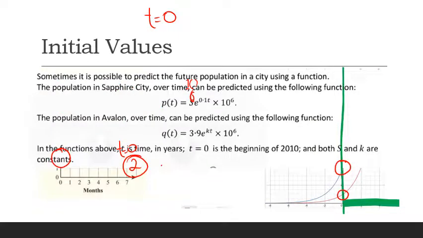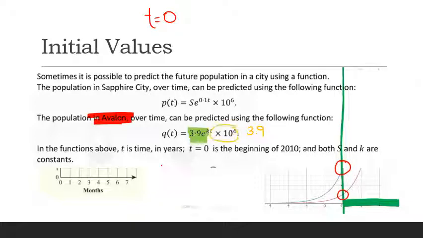We're going to have a look at this Sapphire City example again. When you look at Avalon, I'm just looking at Avalon to start with, you can see that the coefficient here is 3.9. So our y-intercept is 3.9.